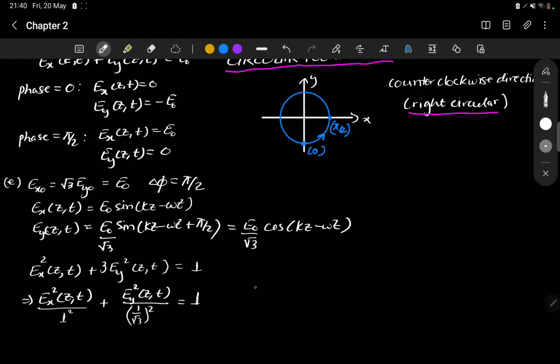So this is elliptical polarization. First of all, this is the equation of an ellipse.